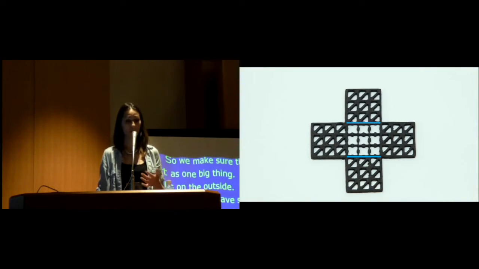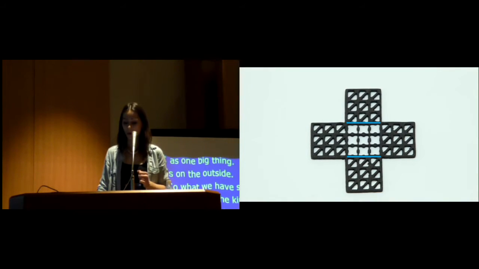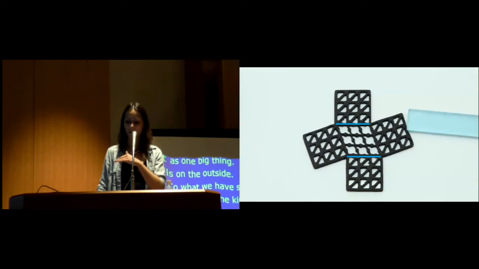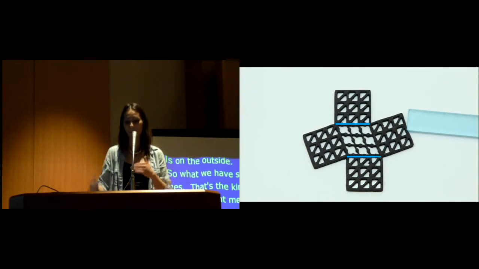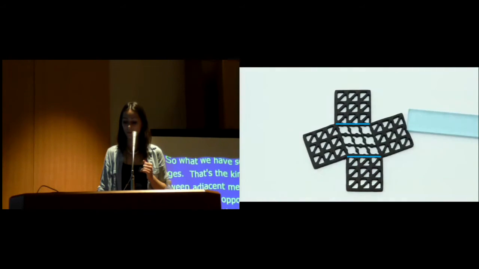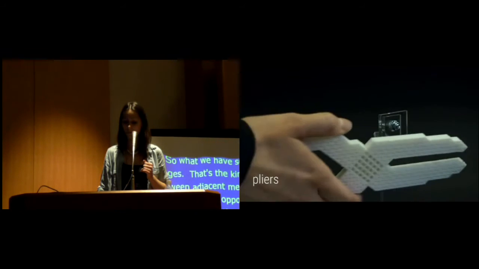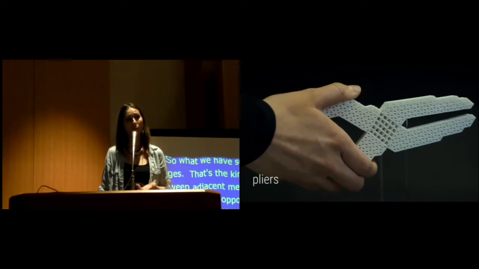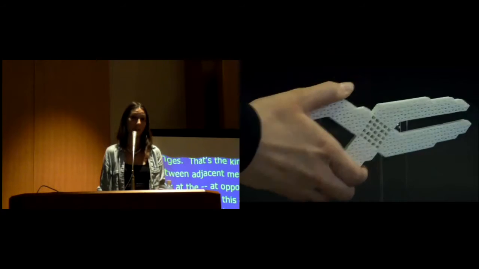So here you see the 4-bar individually. You see that the opposing members always remain parallel to each other. And this is essentially what implements our pliers.